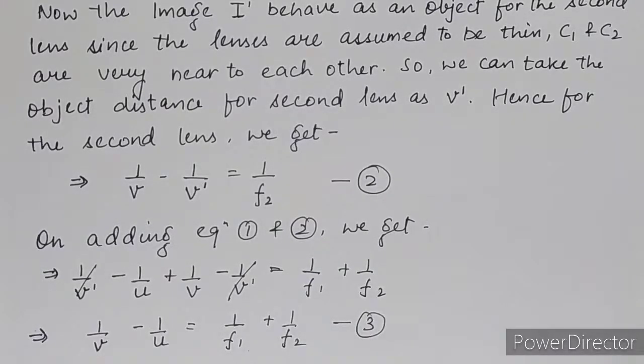Okay. Now, as I just told you, the combination of these two thin lenses behaves as a single lens, for which the object distance is U and the image distance is V. And so, the focal length is the combination. So, we can say 1 upon F is equal to 1 upon F1 plus 1 upon F2. Okay beta.